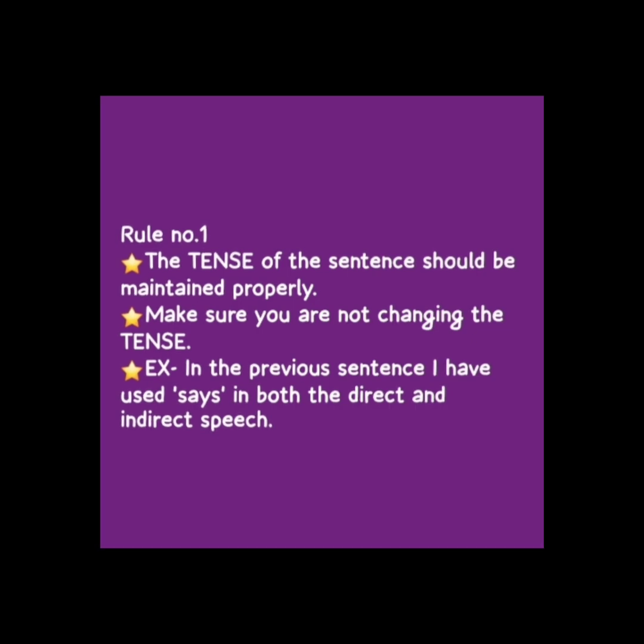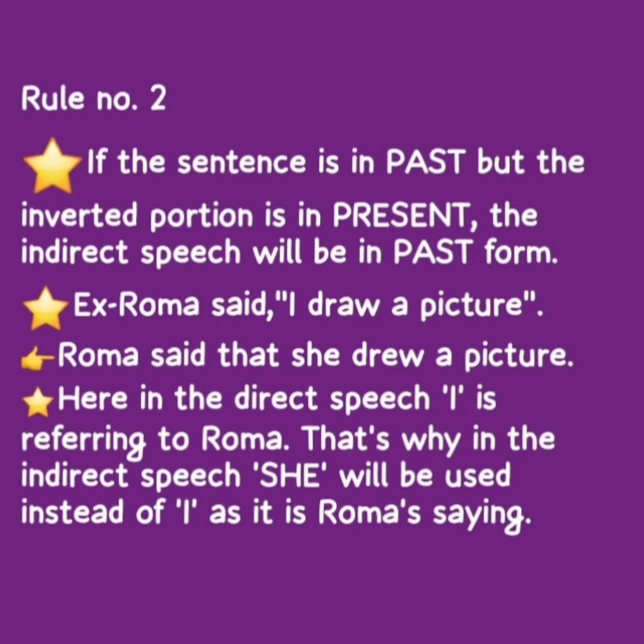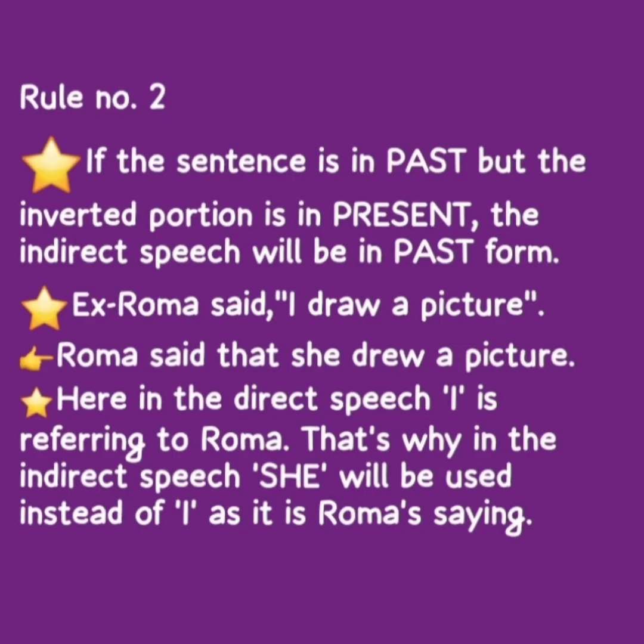Rule number 2: if the sentence is in past but the inverted portion is in present, the indirect speech will be in past form. Example, Roma said, "I draw a picture." The converted form will be: Roma said that she drew a picture.